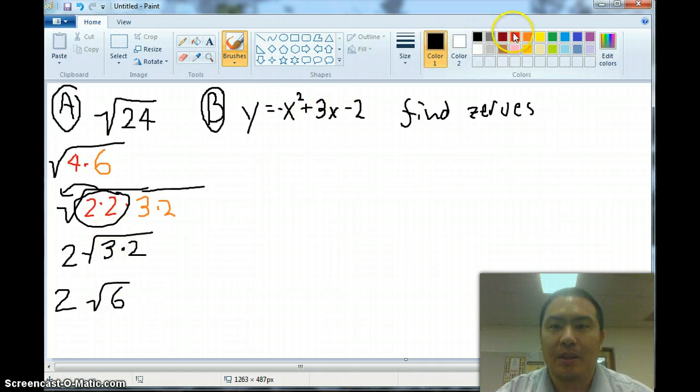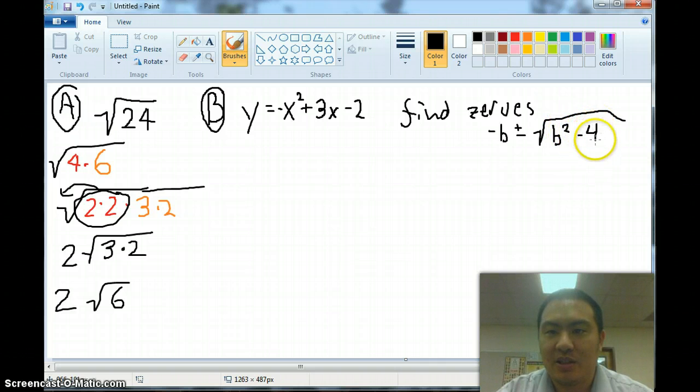For B, the first thing I'm going to do is the quadratic formula, which is minus B plus or minus. If you don't remember, it's the negative boy who couldn't decide whether or not he wanted to go to a party, but he decided to, B squared, and he missed out on 4 awesome chicks.